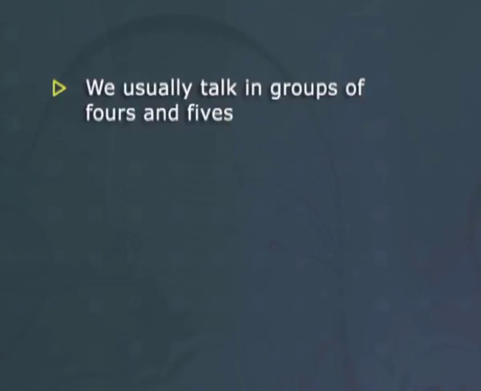Can that happen in the classroom? Yes, sir. It can happen in the classroom. In real life, we usually talk in groups of 4s and 5s. In the classroom, teacher talks, all the 60 students have to listen. One student talks, the rest of the class has to listen. That's very, very artificial. Okay?